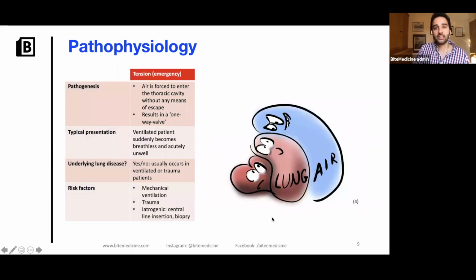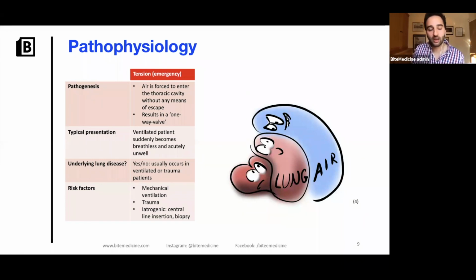And then finally, your tension pneumothorax. So the one that we're really, really worried about. A tension pneumothorax is essentially due to this one-way valve, which some of you may have heard of. How we define a tension pneumothorax clinically is normally just a pneumothorax which causes significant hemodynamic instability.